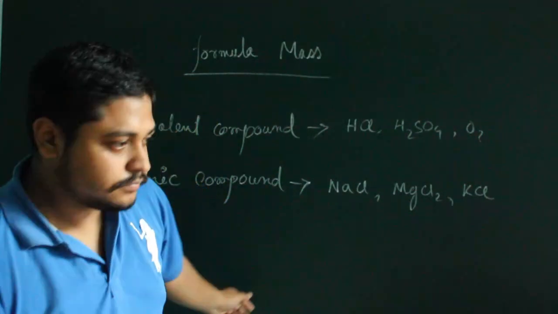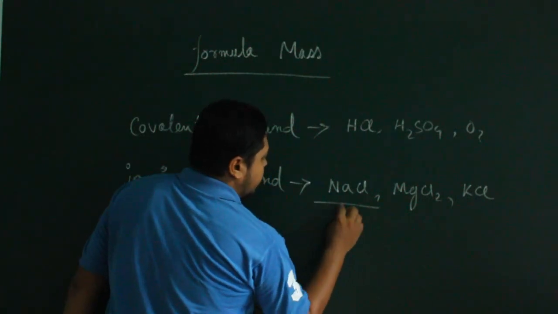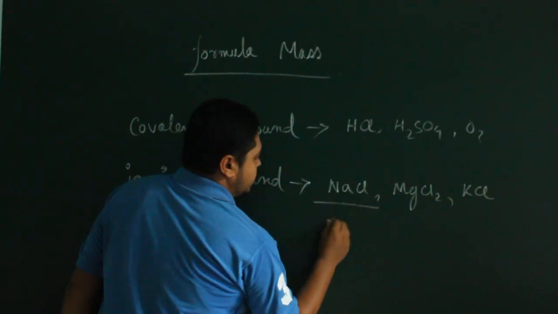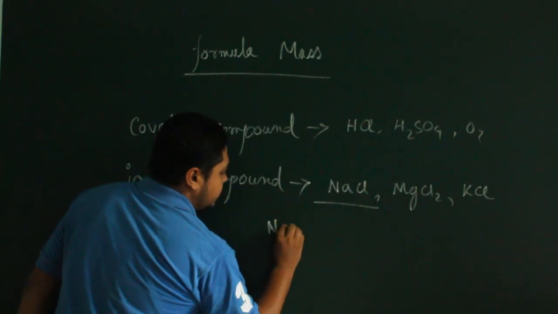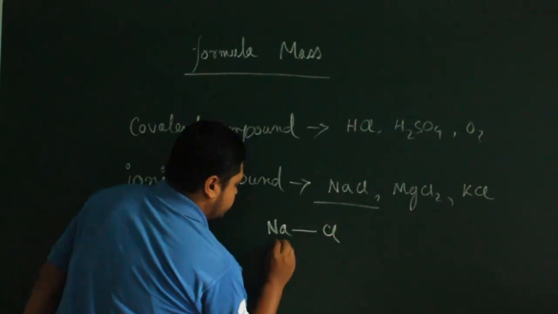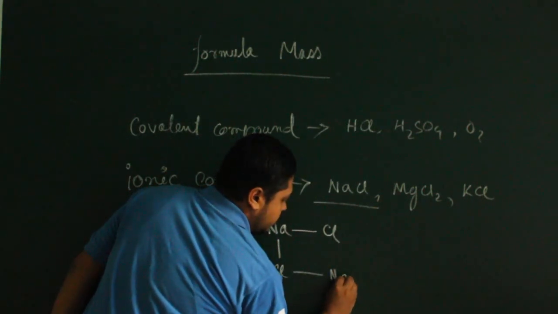In case of an ionic compound, there is no covalent bond between sodium and chlorine. This is a crystal lattice of sodium chloride crystal.